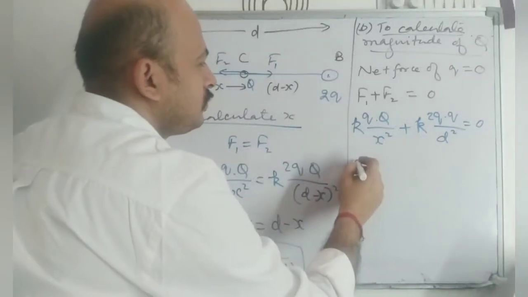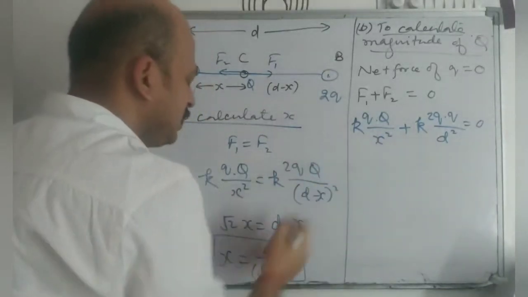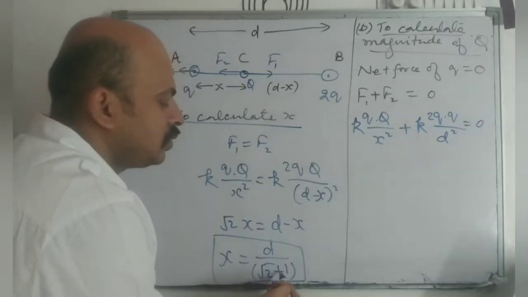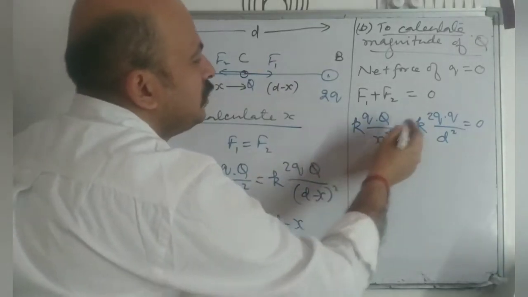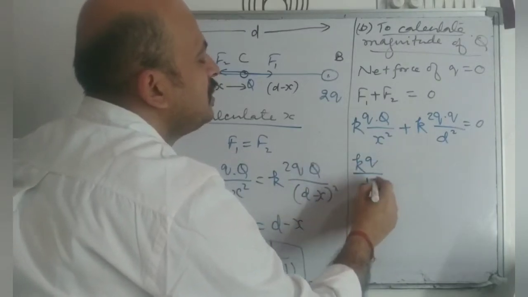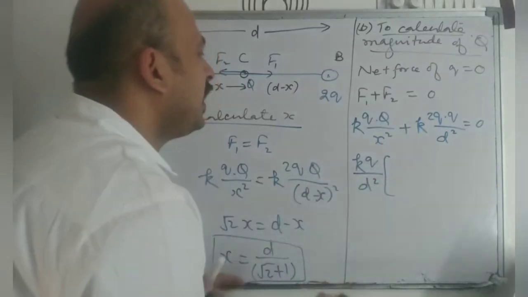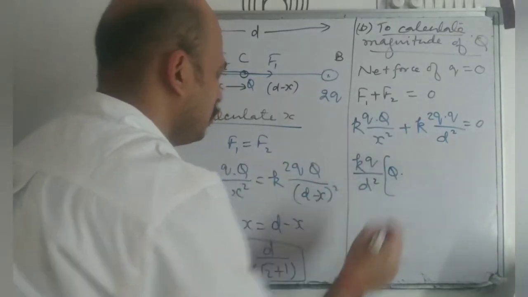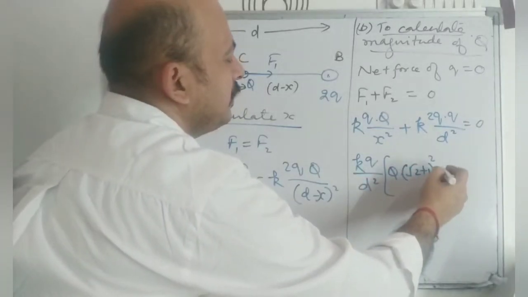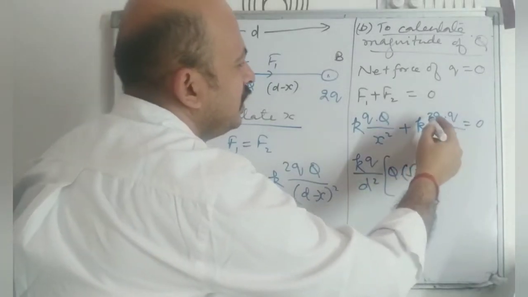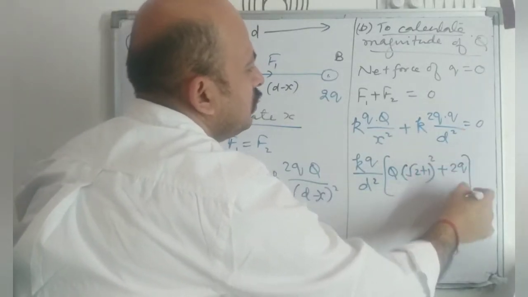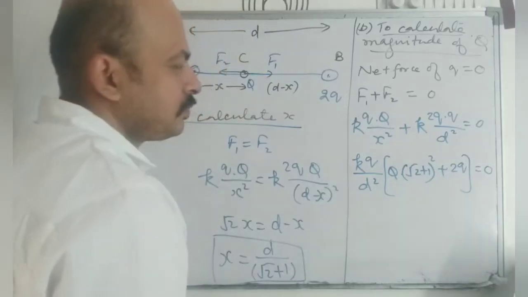Take common, and replace that x by d. So that will be d square upon root 2 plus 1 whole square. So we can take common k q upon d square. Here you will get capital Q into the square of that value, that is root 2 plus 1 whole square, plus 2q, which will be equal to 0.